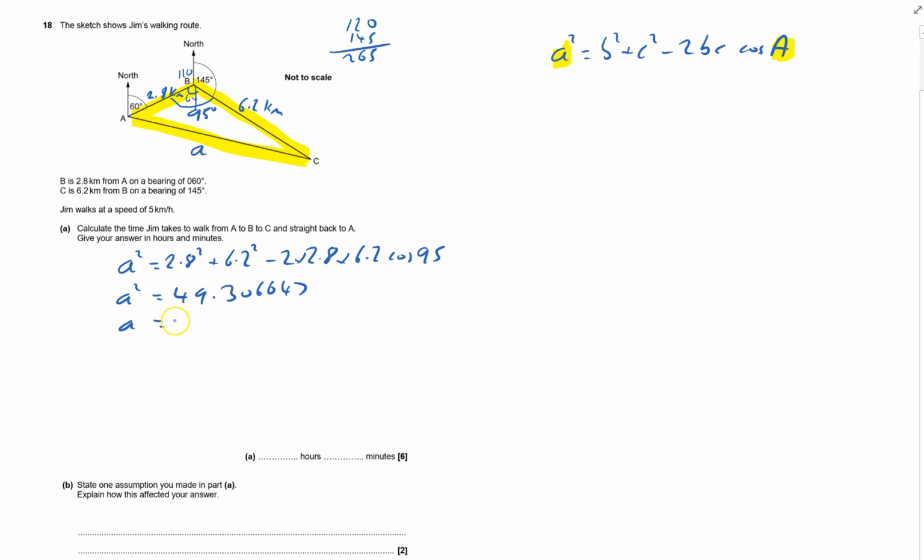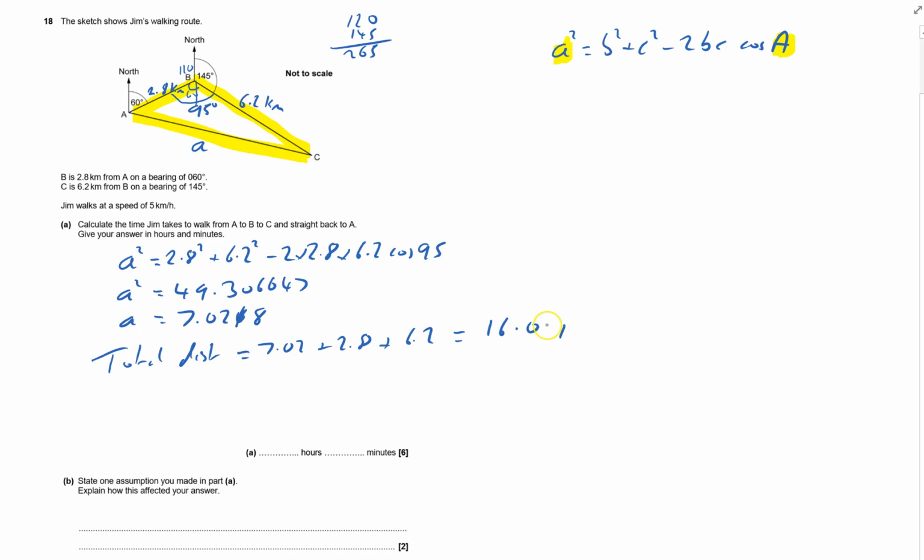And therefore a equals the square root of that, which is 7.0218. So now I know the total distance. Total distance equals 7.02, just work it out, it's on 8, plus 2.8 plus 6.2, which equals 16.0218.